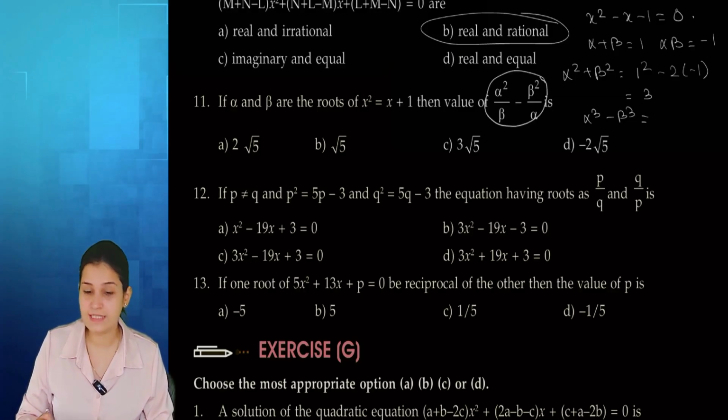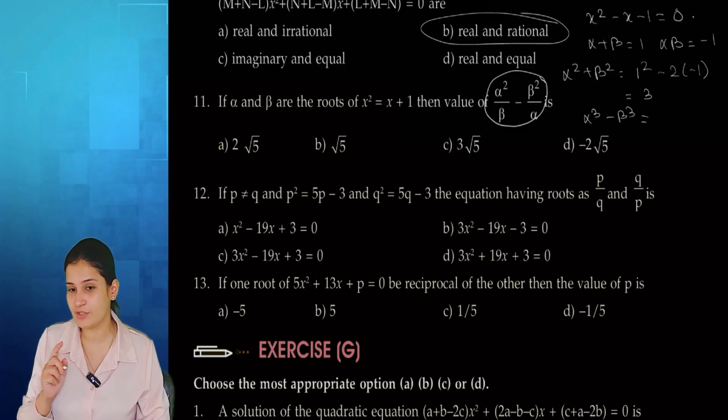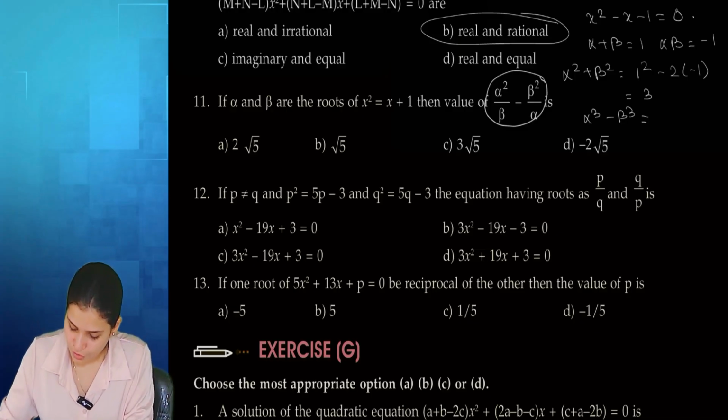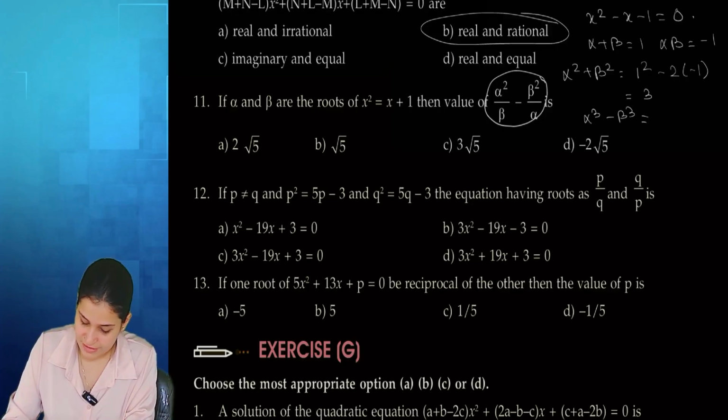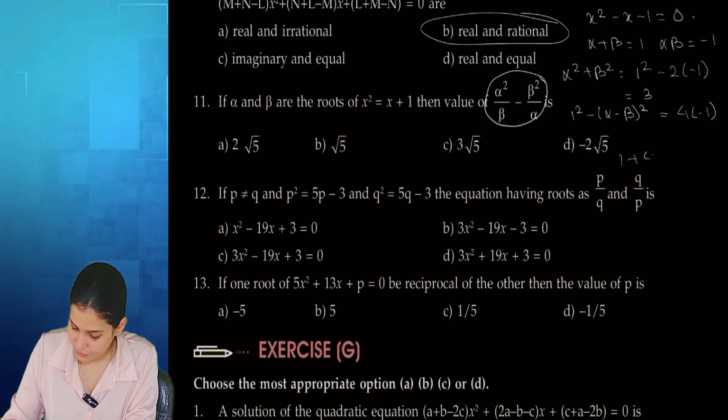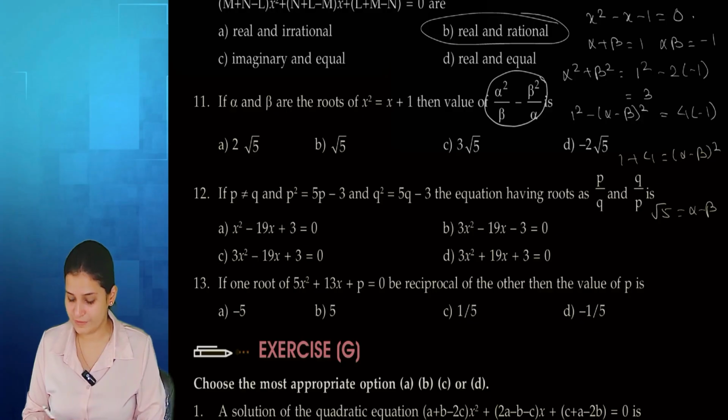Because if I take this LCM, then that is what I get. For this we will need alpha minus beta also. Alpha minus beta whole square equals alpha plus beta whole square minus 4 alpha beta. 1 plus 4 equals alpha minus beta whole square. So alpha minus beta is root 5.